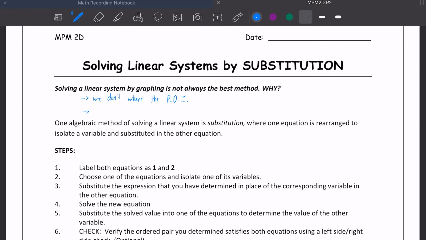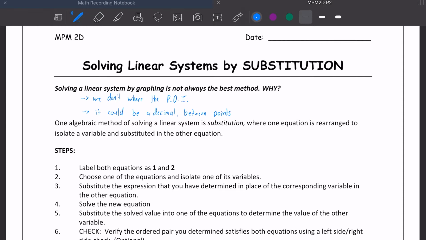Another thing is it could be a decimal, so between 2 points. So it's not always going to be the best method to use graphing.